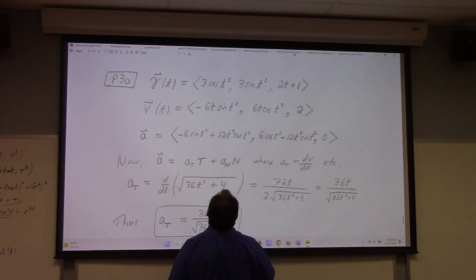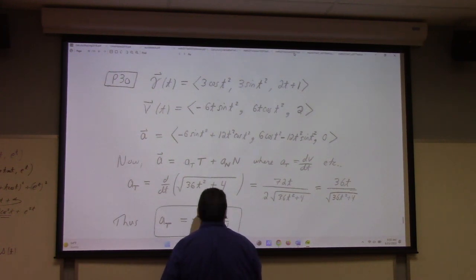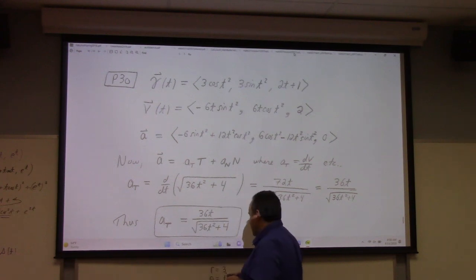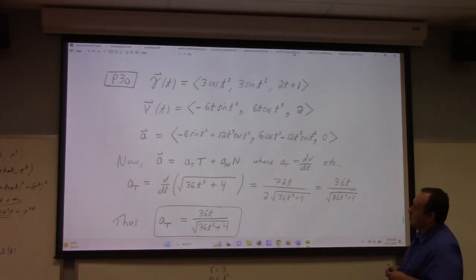Let's see. So you have r equals, well, okay, fine. I guess you could say r equals 3, theta equals t squared, z equals 2t plus 1. Now, we've not really done anything quite like that, so I'm not sure where to go from there.